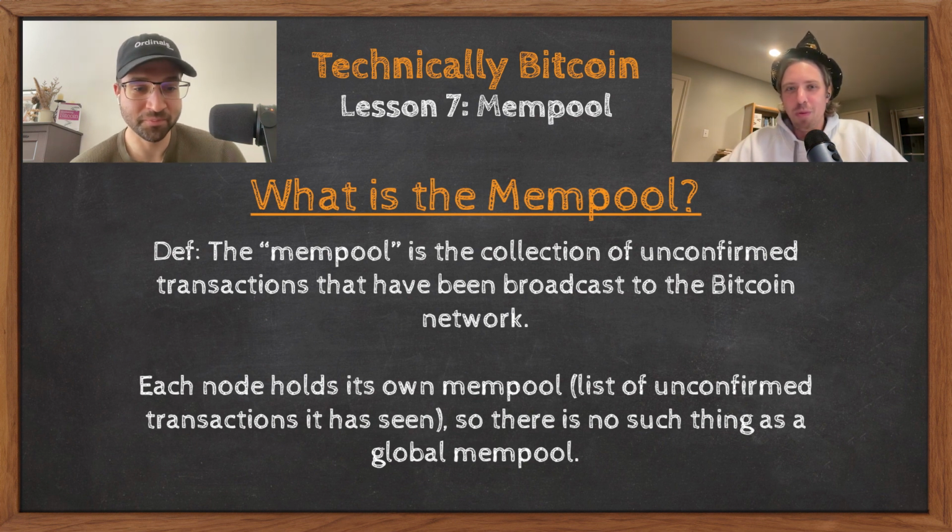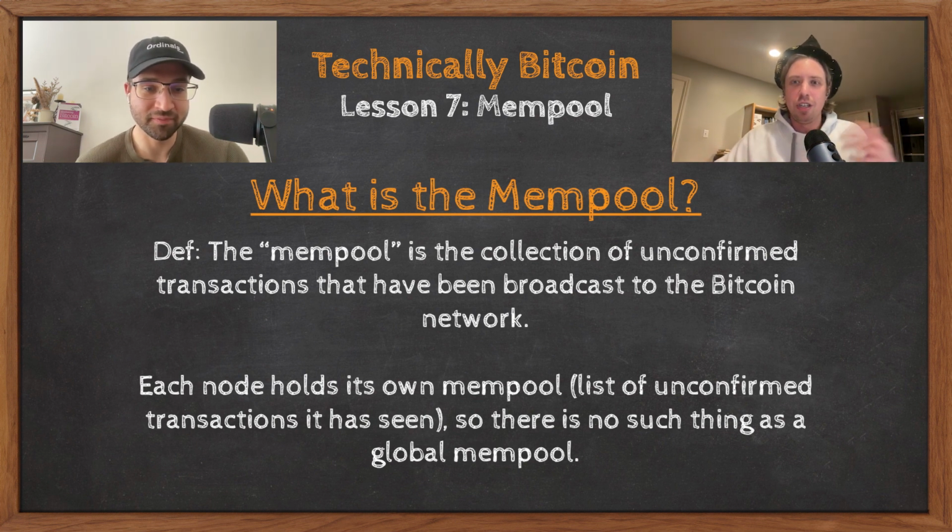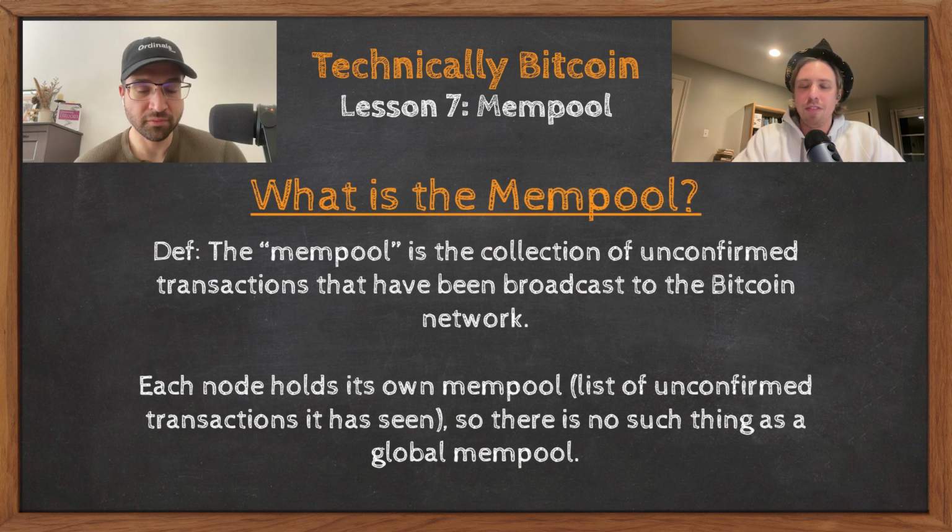So the mempool is essentially the collection of unconfirmed transactions that have been broadcast to the Bitcoin network. The interesting thing to note here is that each node holds its own mempool. If you're running a Bitcoin node at home, it has its own mempool locally, and there's no such thing as a global mempool.